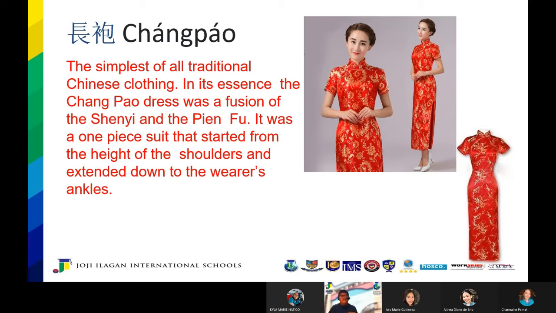There is also a version for men. It's not one piece; it's a shirt and trousers with the same patterns. So it's the simplest of all the Chinese clothing.